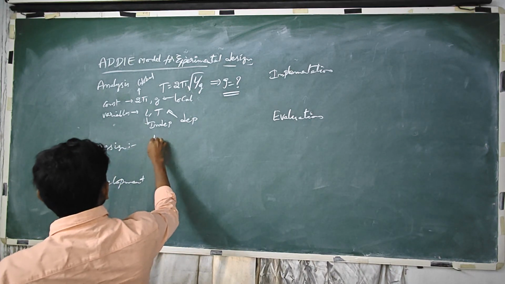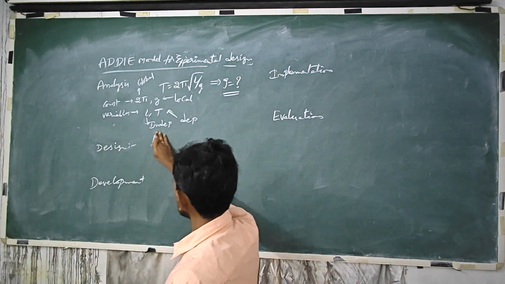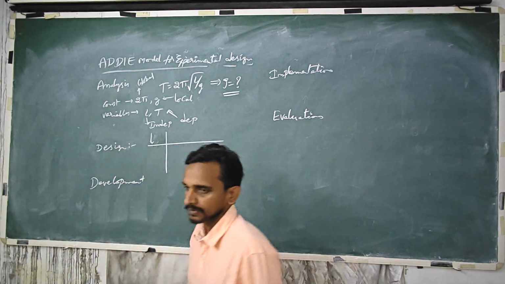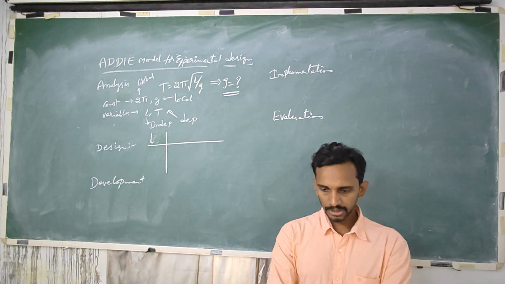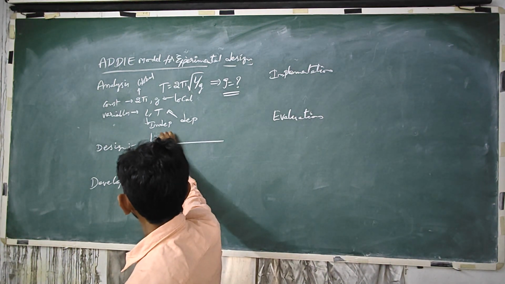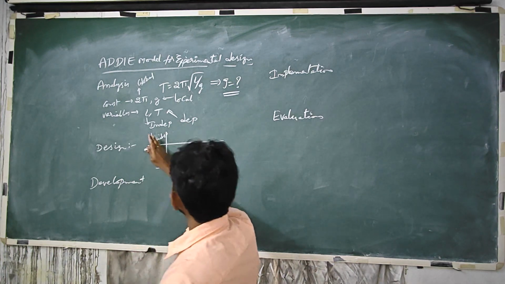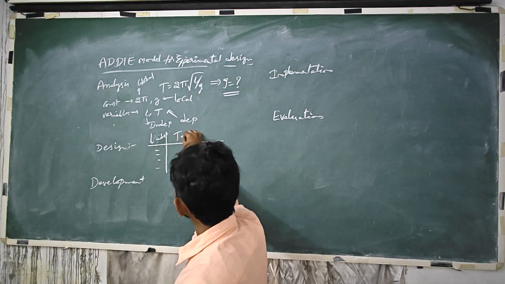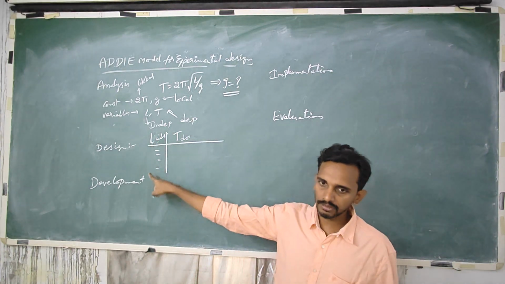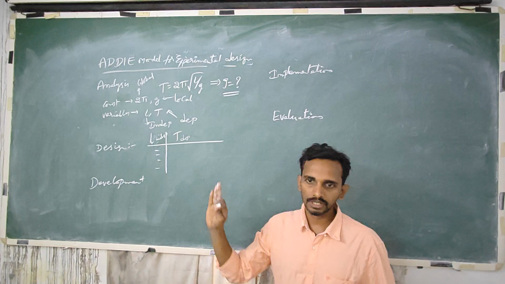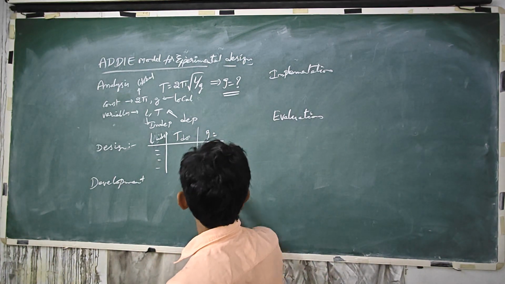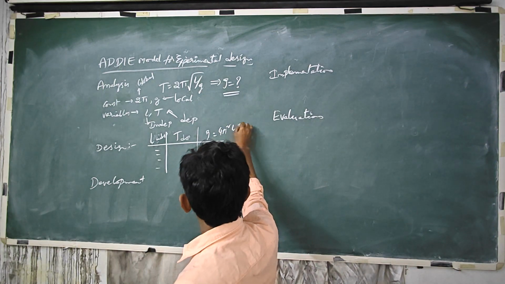We have to take a set of values for the independent variable, and we have to measure the dependent variable. So we have to vary the independent variable, measure the dependent variable, and finally calculate the value needed by us. So G is what? 4 pi square L by T square.